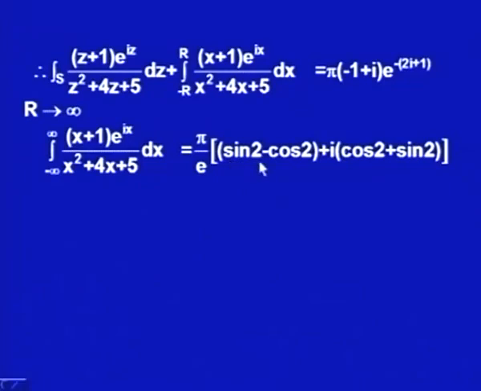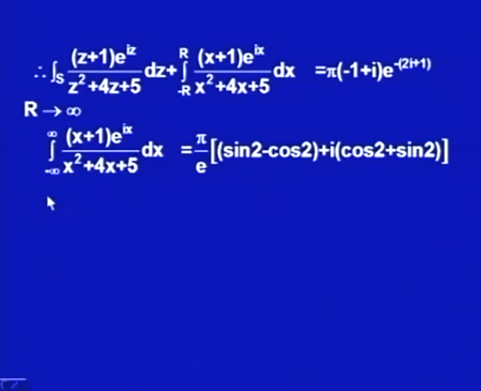We get sin 2 minus cos 2 plus i (cos 2 plus sin 2). Now, on the left hand side, e to the power i x, again we can use Euler's formula and write it as cos x plus i sin x. That says that the left hand side has actually two improper integrals.